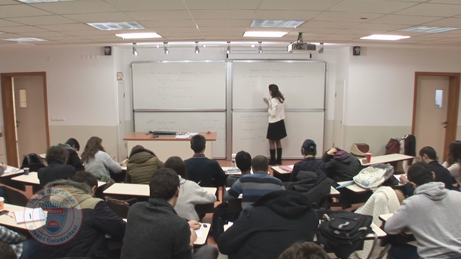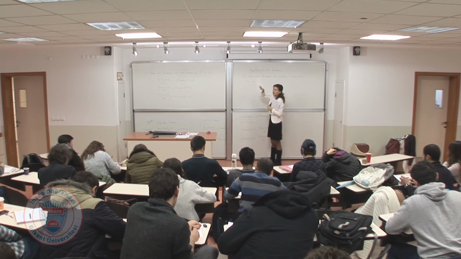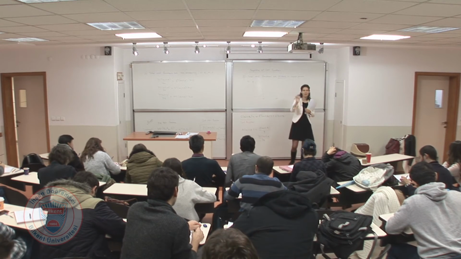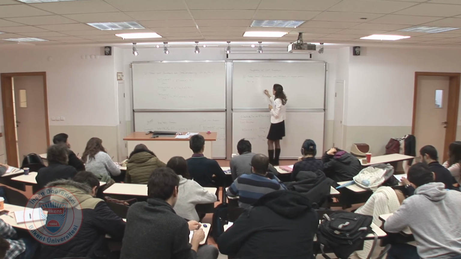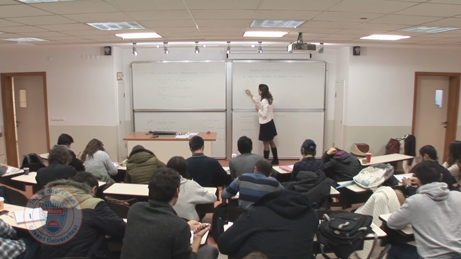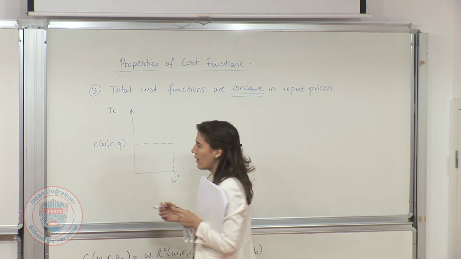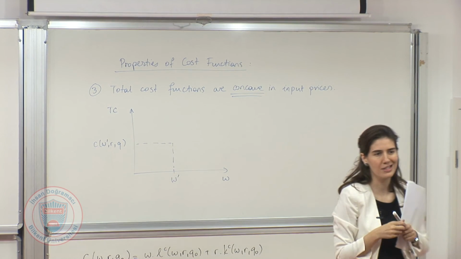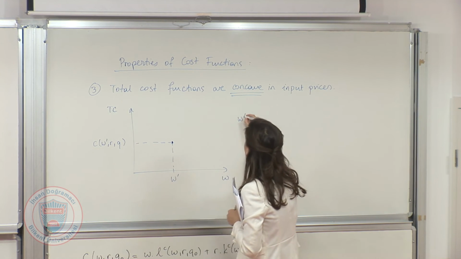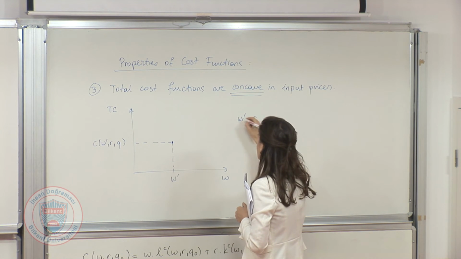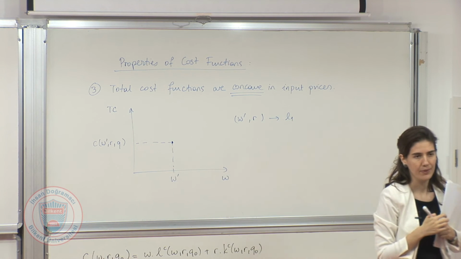Suppose when wage is wage prime, we did the cost minimization problem, we solved it, and we found the cost, c(w', r, q), in order to produce that much. And suppose when prices are w' and r, the optimal amount of labor is L1 and capital K1.